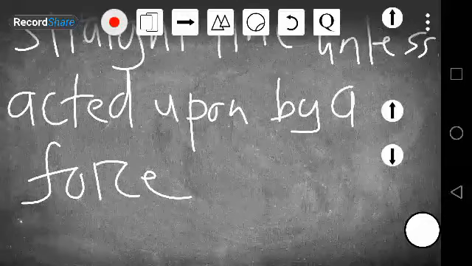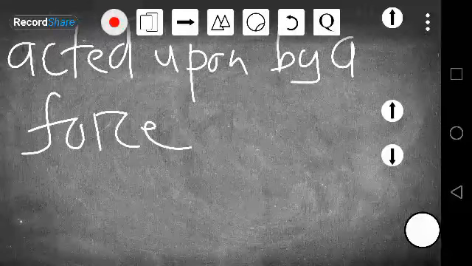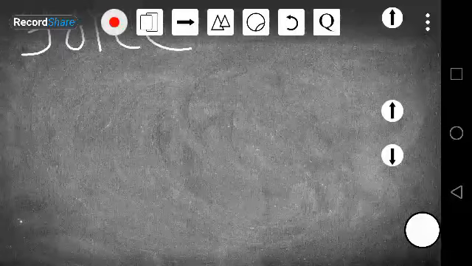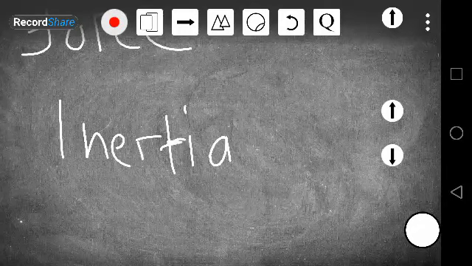So this is basically what the law says. Now we need to look at inertia. Now, what is this inertia?